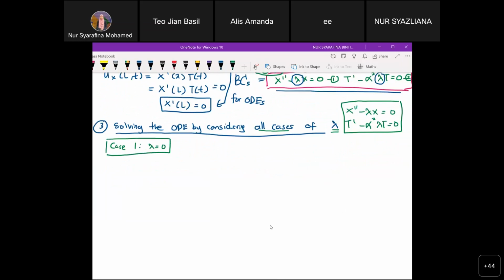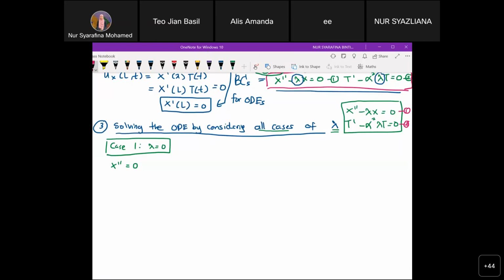So when lambda equals 0, what we have is x double prime equals 0. Okay, focus on the first equation first. We have the first equation, we have the second equation. Start with the first equation and proceed one by one.